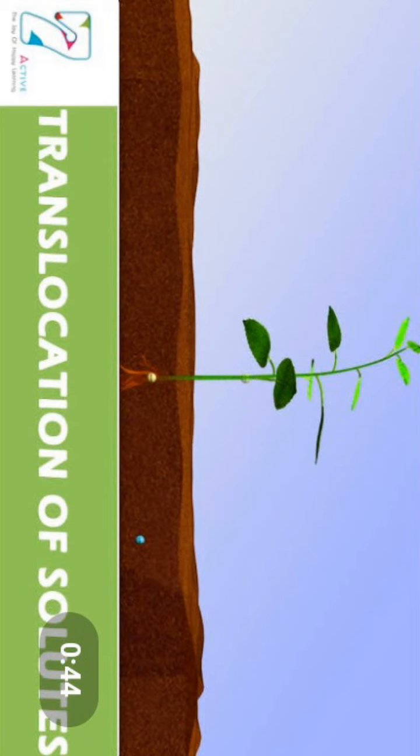Now, translocation of solutes. What is meant by translocation? Mineral salts are translocated through xylem along with the ascending stream of water, which is pulled up through the plant by transpiration pull.